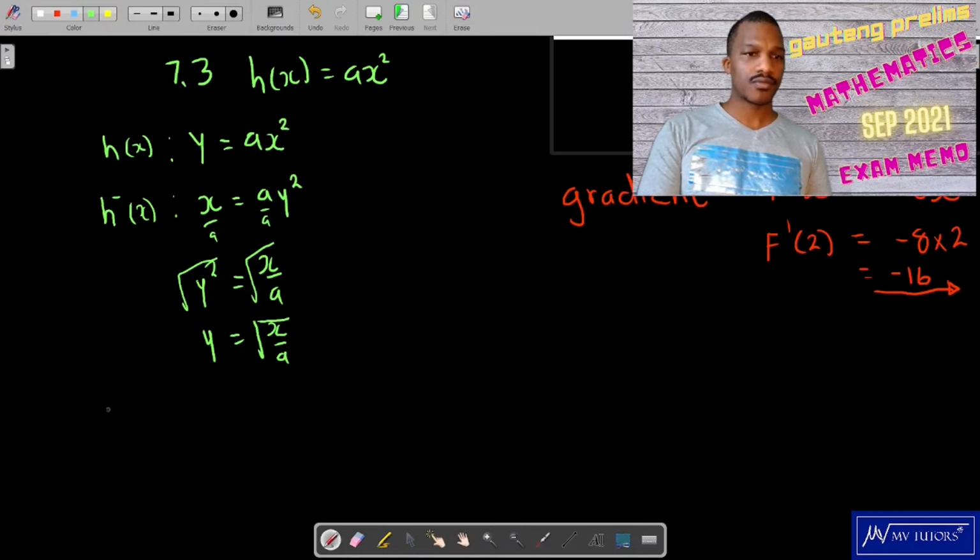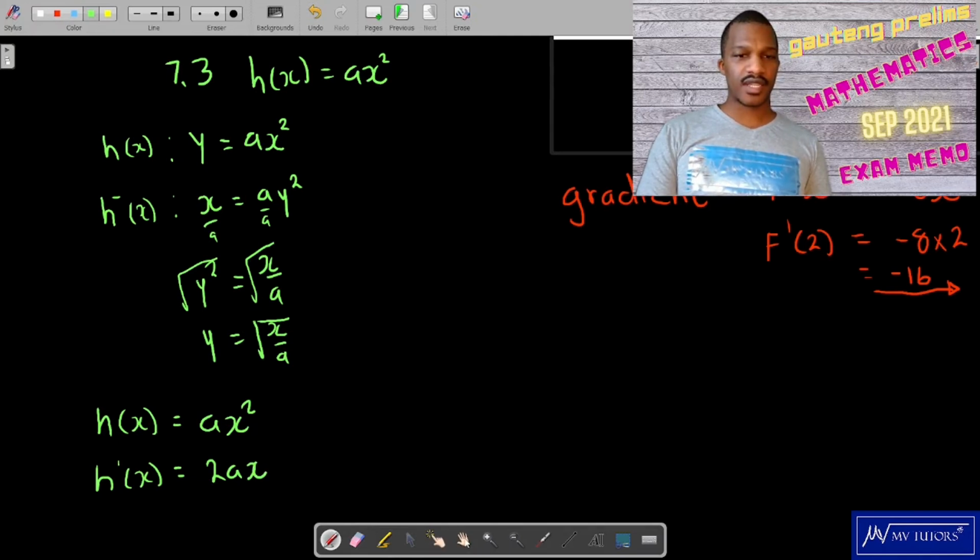Okay, so now we have h of x. Again, I'm going to just write it like that. It's ax squared, so h prime of x is 2ax.